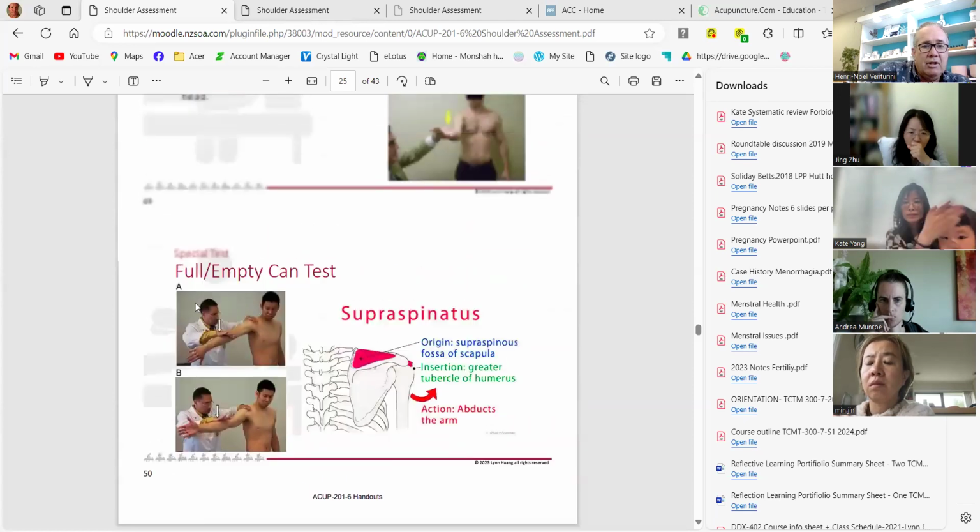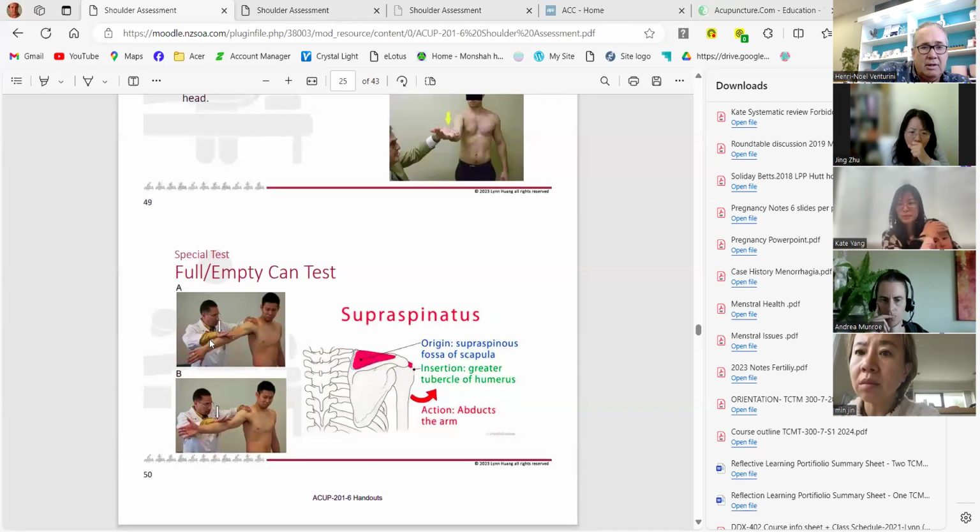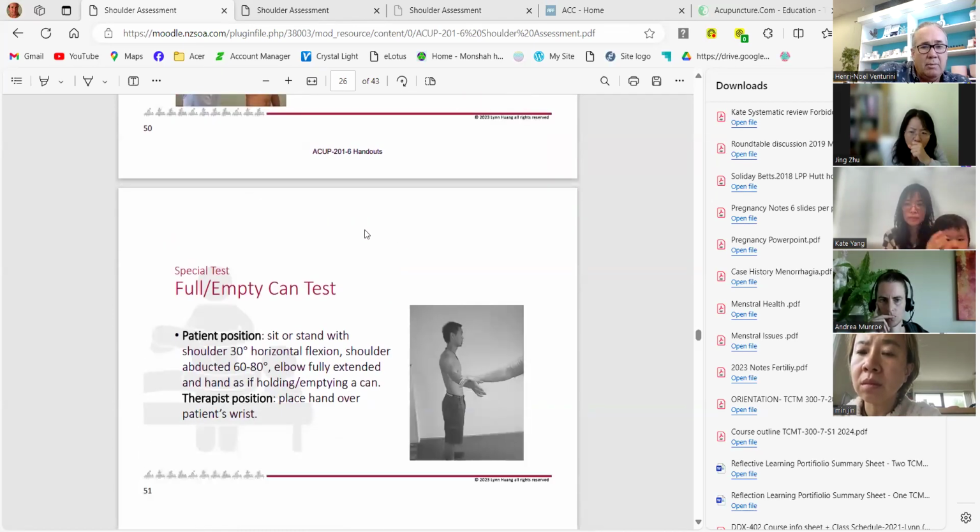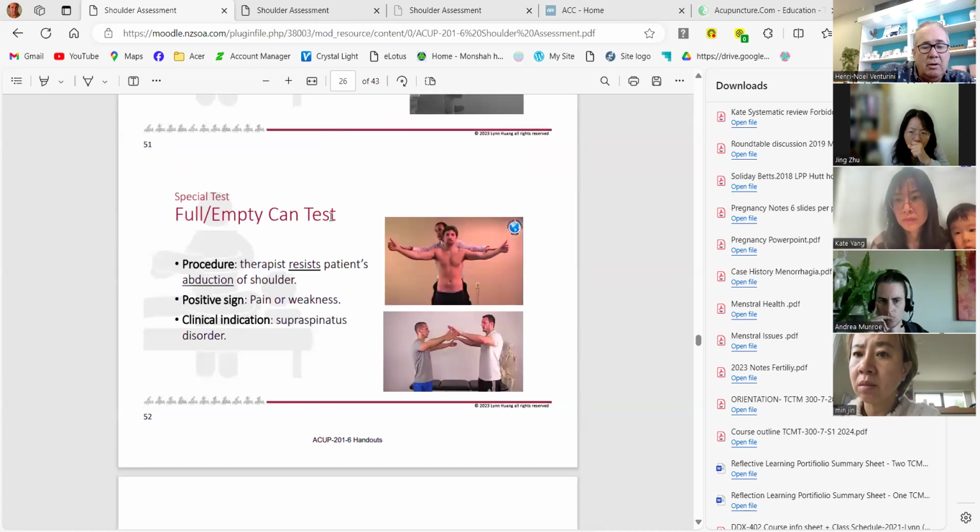Full can test. So this is just an extension of the full can test. This is an empty can test. Full can test is what we did before, where the arms are extended more than 45 degrees from the body. And you just do it as a therapist from behind. I don't think it is as effective. I think it's more effective from the front, especially if you have a male-female client.